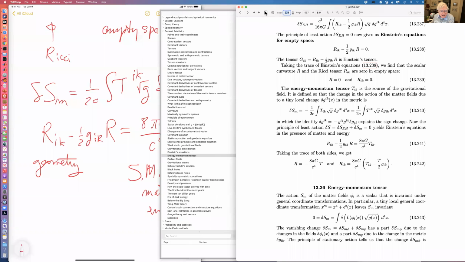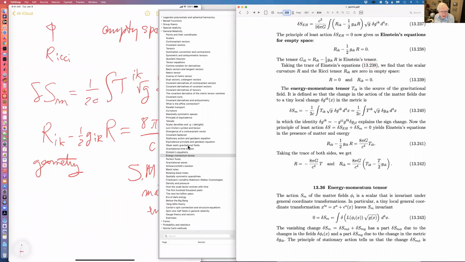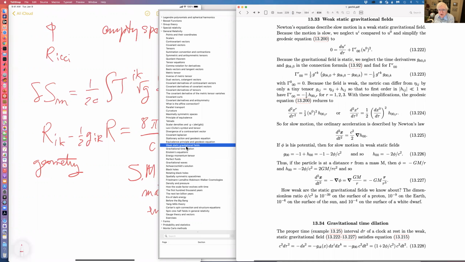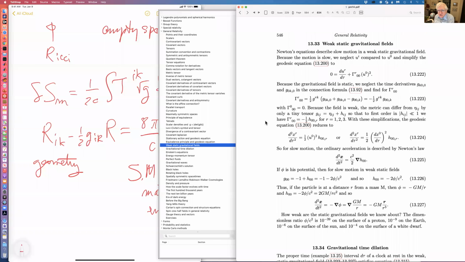So let's see. I again skipped too fast. Let's go to weak gravitational field. Well, let's go first back to the equivalence principle. In fact, maybe I should have said what the equivalence principle is.